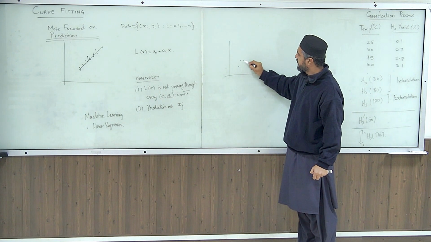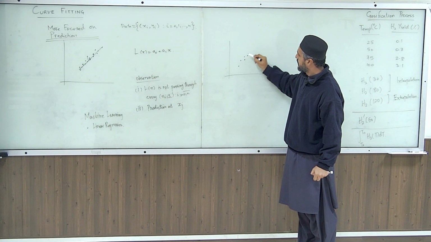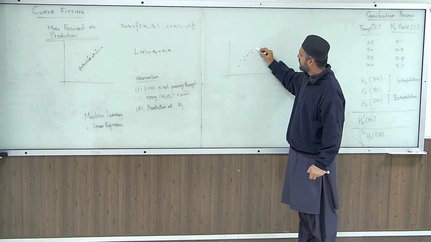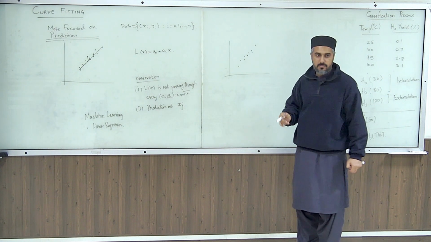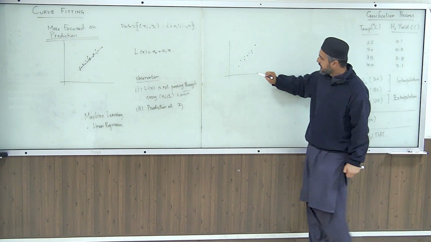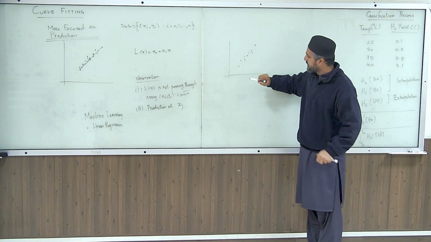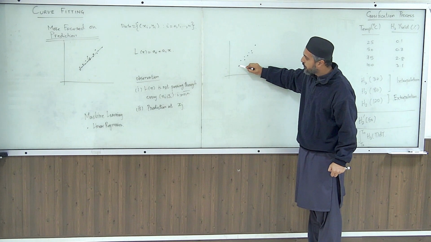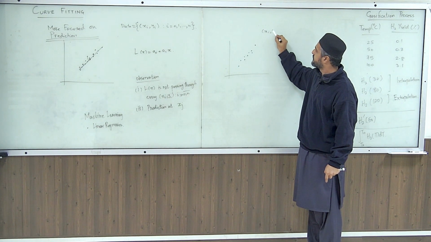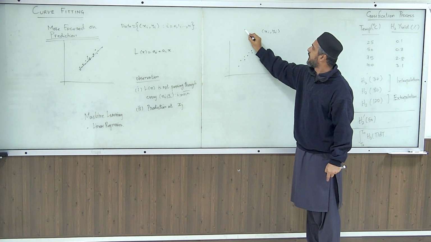So for example, this is some data point. My approach will be that I want to go through every xi, yi. So this is my data xi, yi.